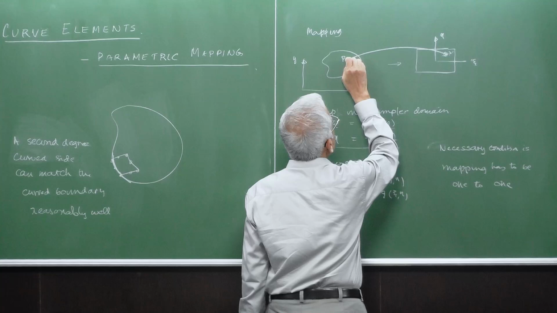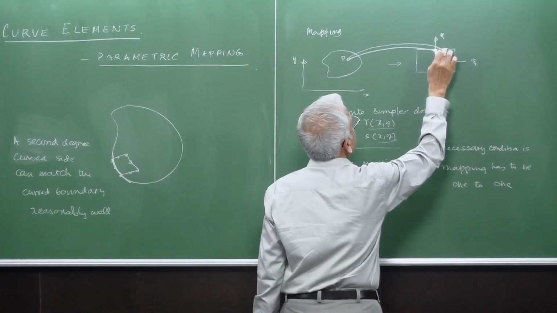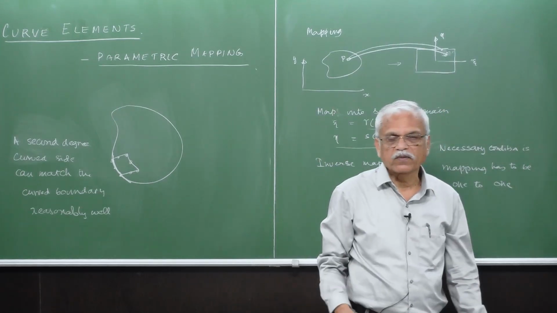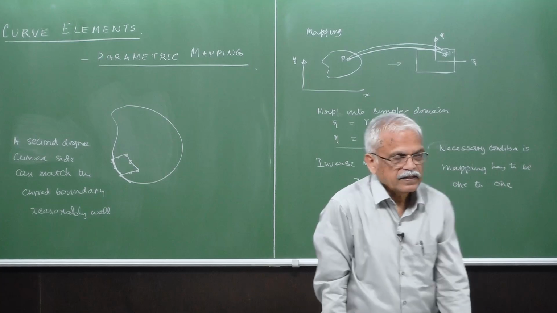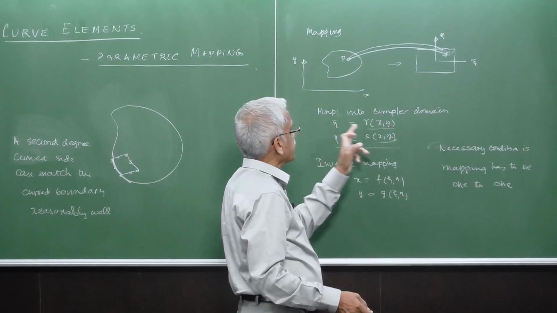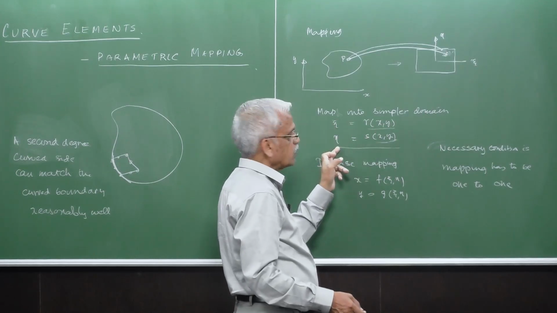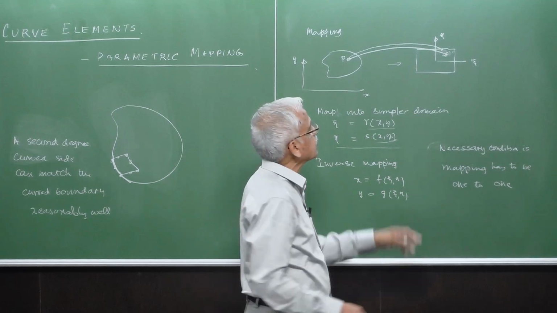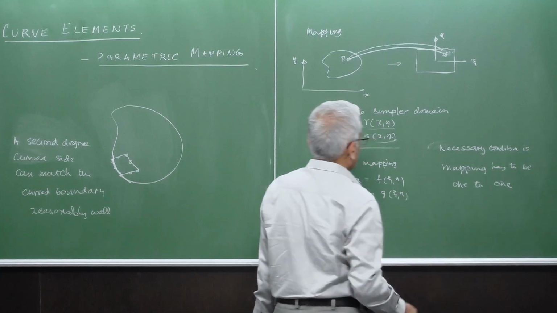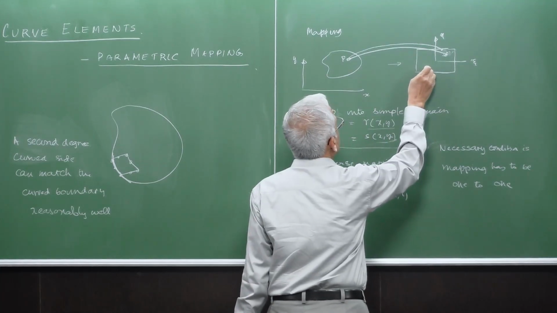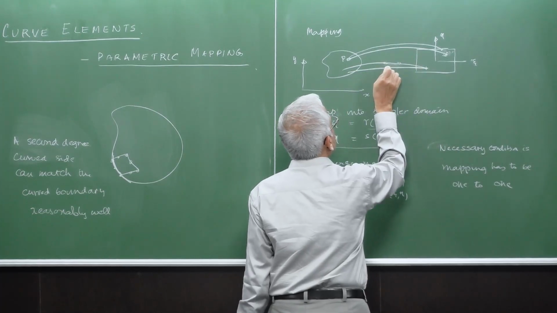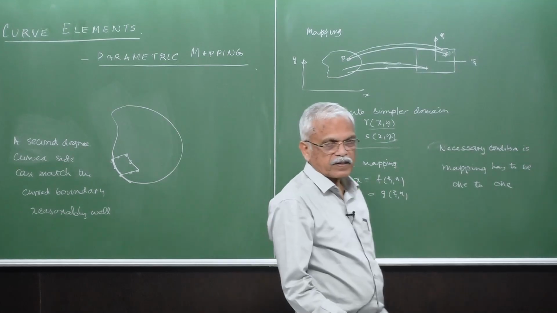It's also possible, for example, that you take some mapping which involves a square root or something like that. If you involve a square root kind of function, it is possible that for every x there can be two xi and eta values, so P can have multiple mappings. The same thing is also true of the inverse mapping, which may give multiple points.